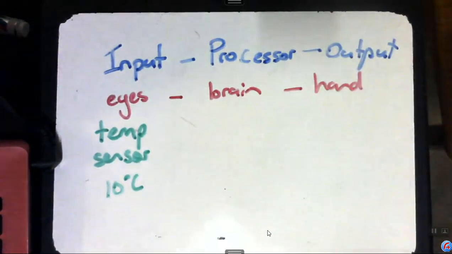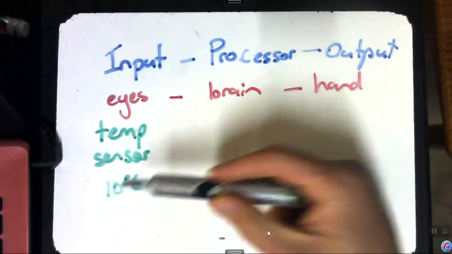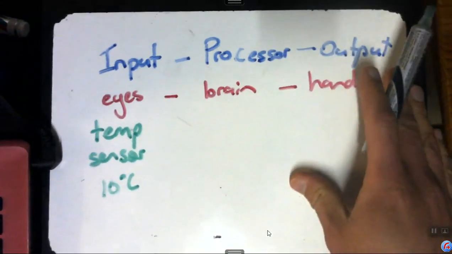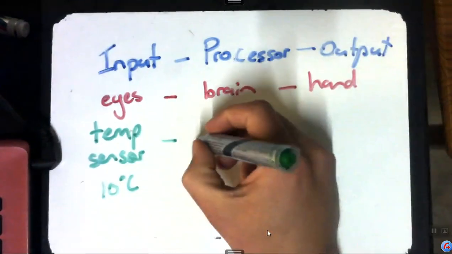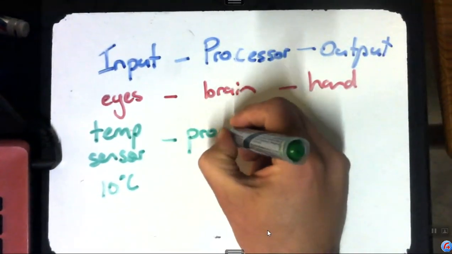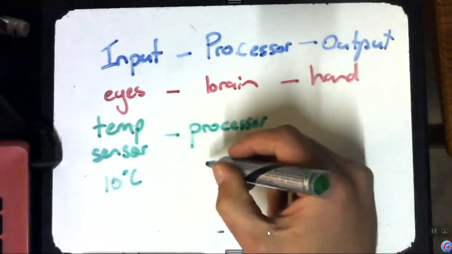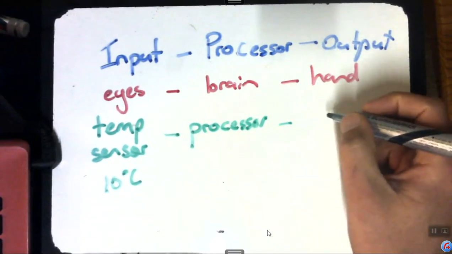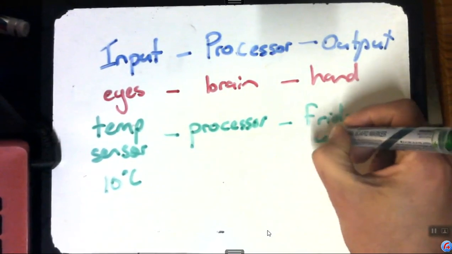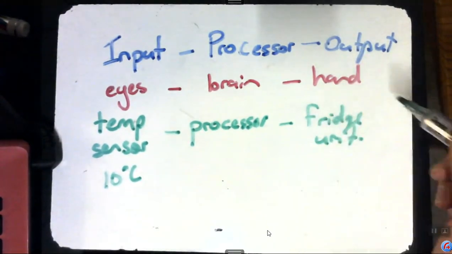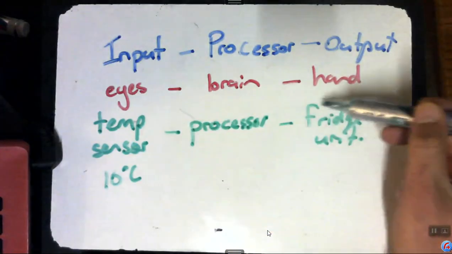Inside my fridge there is a temperature sensor, and if the temperature rises above 10 degrees Celsius, because you open and close your fridge too much or something like that, then there is a brain or a processor that decides whether to switch on or off my fridge unit, the power to cool down. So there's a sensor, there's the brain part, and there's the fridge.